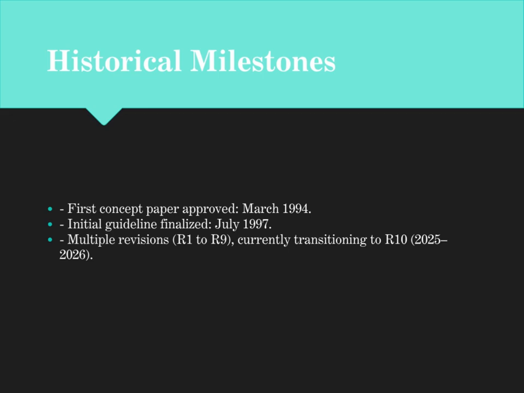R8 added solvents such as 2-MTHF and tertiary butyl alcohol. R9, adopted in January 2024, made technical clarifications and analytical method considerations. We are now approaching the Q3C, R10 phase with substantial toxicological and structural updates.